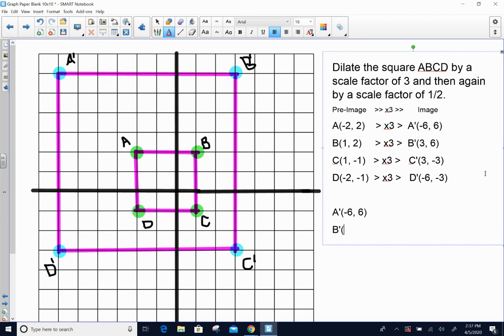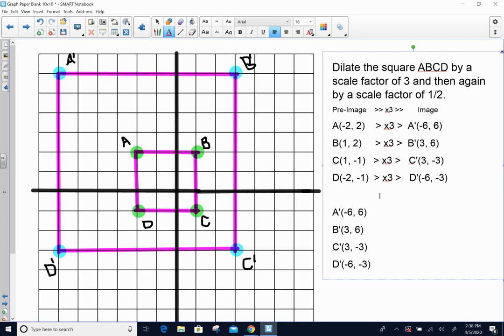B prime was 3, 6. C prime was 3, negative 3. And D prime was negative 6, negative 3. Now what you could do on your paper is you could just do your second prime over here, your second dilation. You could keep writing, but I feel like I'm going to run out of room. So that's why I'm just going to recopy down and redo this all here.